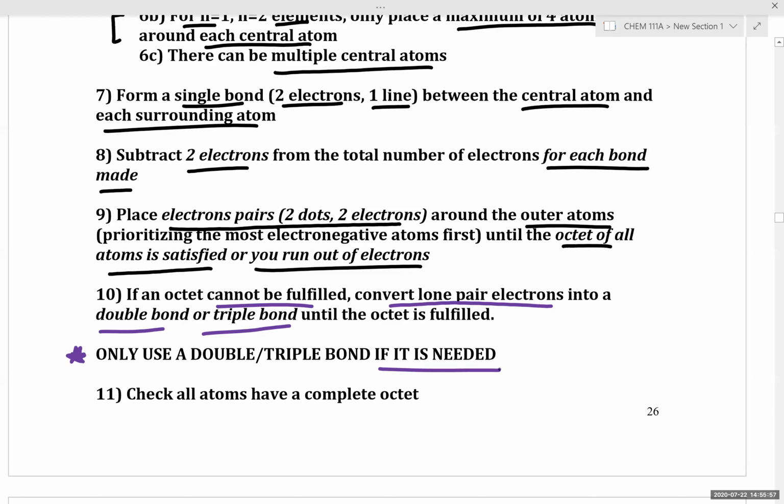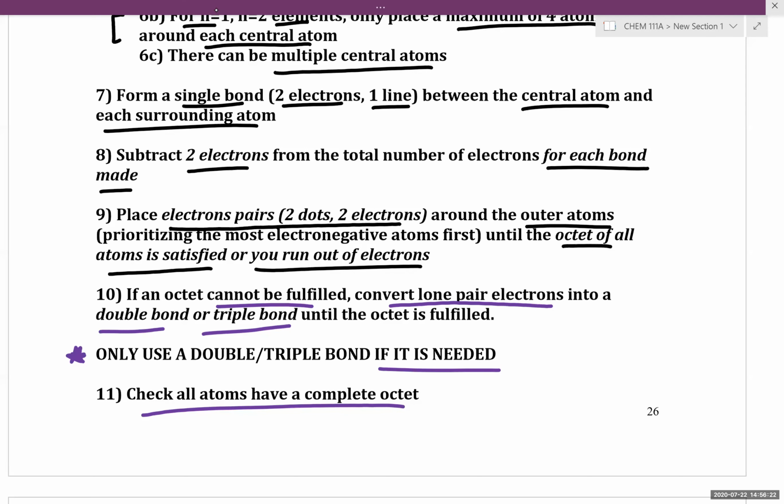Sometimes for Lewis structures, I see a ton of double and triple bonds and they're not needed. You only need to use a double or triple bond when you run out of electrons and you need to fulfill the octet of multiple atoms. Once you're done drawing your full Lewis structure, make sure you check that all atoms have a complete octet.